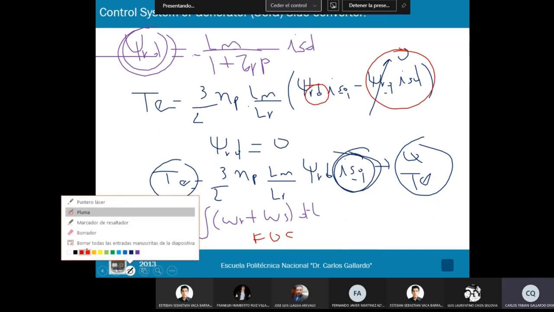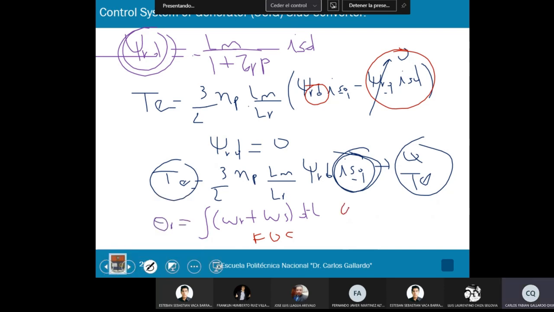In order to compute the synchronous speed, this is equal to, as an approximation, the magnetizing inductance times the stator current on q-axis, over the rotor time constant times the rotor flux on the d-axis.